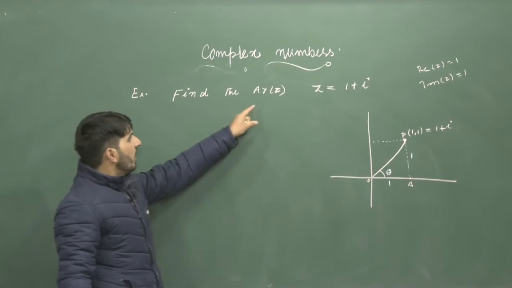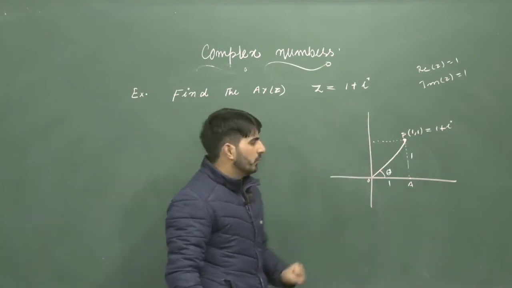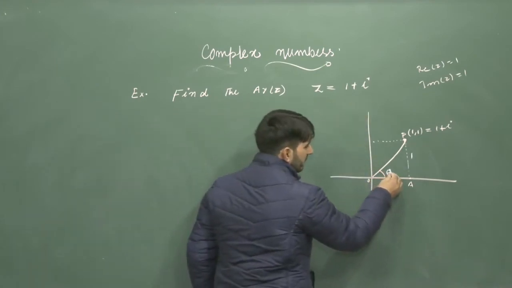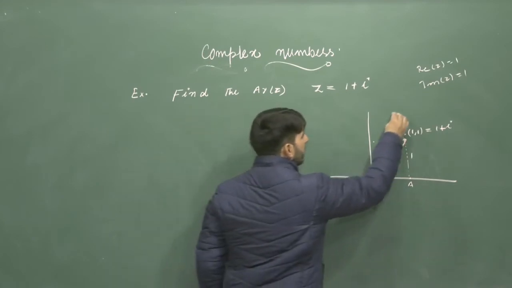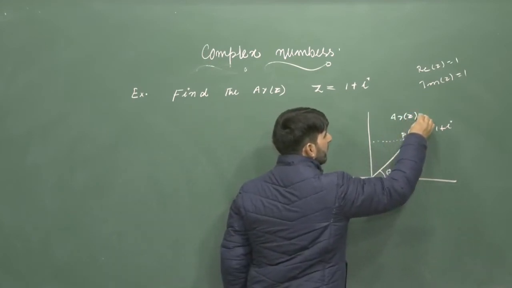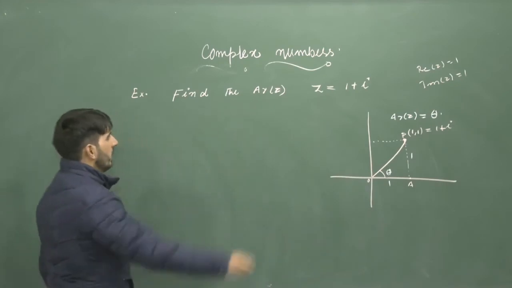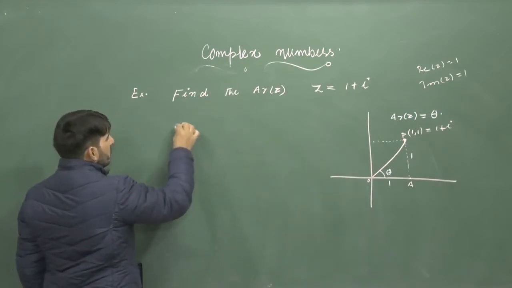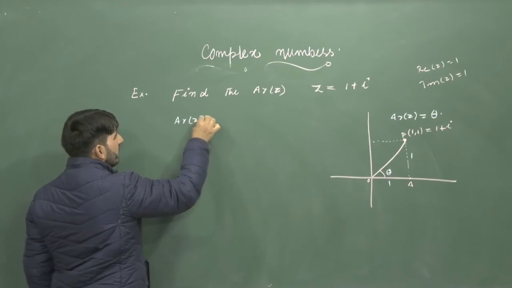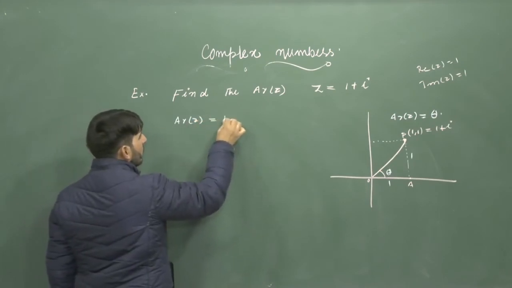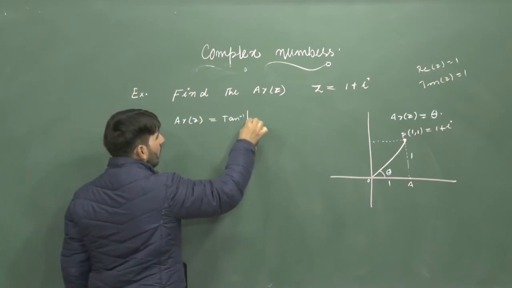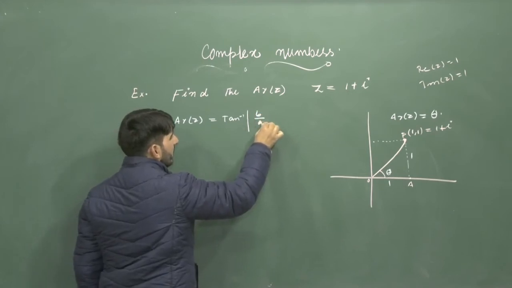To find the argument of this complex number, we know that this is an acute angle. So here the argument of z is theta. So argument of z, that is theta, is equal to tan inverse of modulus of b upon a.